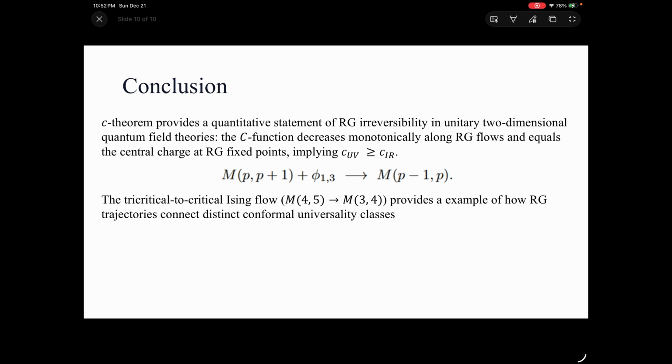We use the primary operator phi_13 to perturb it, and the theory will flow away from the UV and go to the IR. The IR fixed point can be described by M(p-1, p). So this is our conclusion.